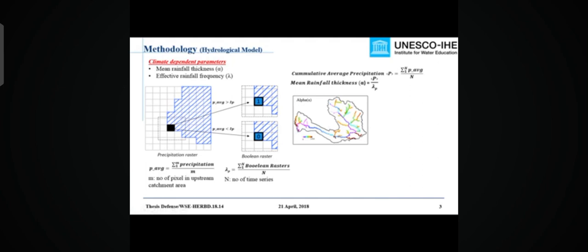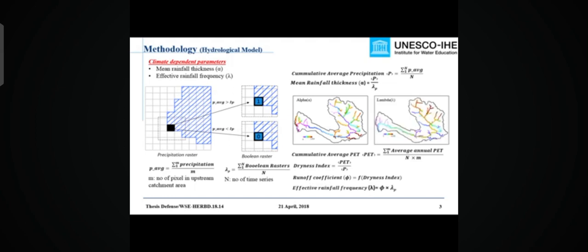Now, in order to calculate the frequency of effective rainfall, the dryness index is calculated using potential evapotranspiration and precipitation rasters. Using this dryness index, the runoff coefficient is calculated using Budyko's empirical water balance model. Then finally, the effective rainfall frequency is calculated as the product of precipitation frequency and runoff coefficient.